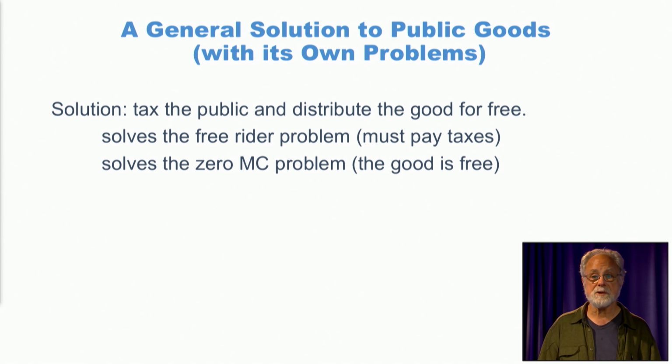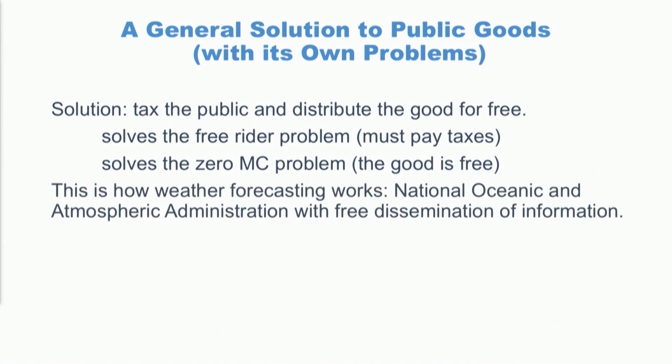In theory, it sounds great, and in fact, we do use this for a number of public goods purposes. To go back to the issue of forecasting, that's how the US government does it. The taxpayer pays for weather forecasting through NOAA, and the forecasting service is provided for free to the public.